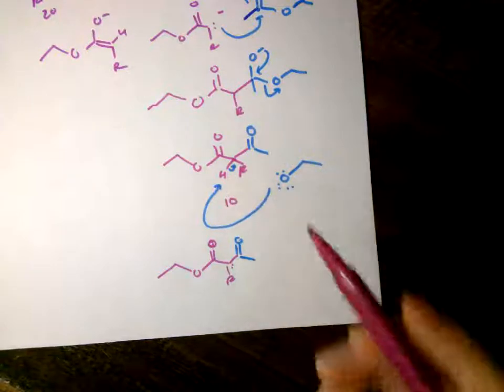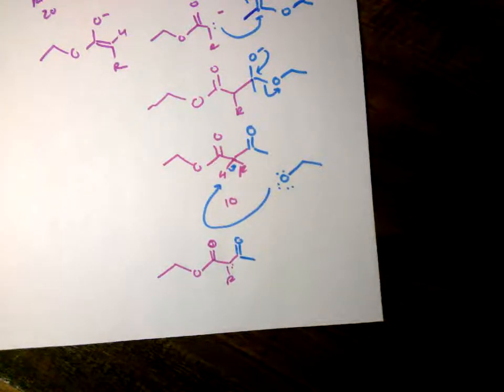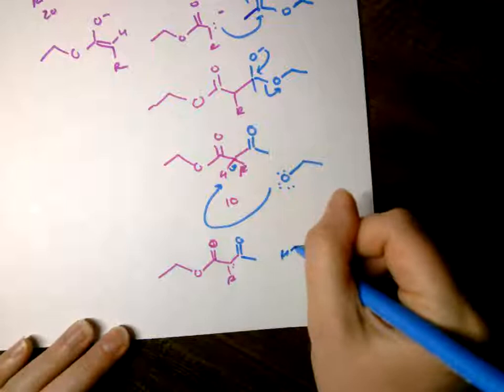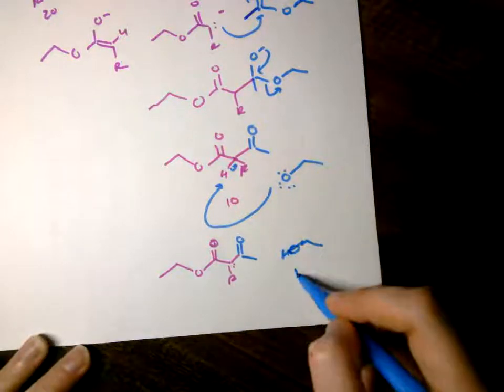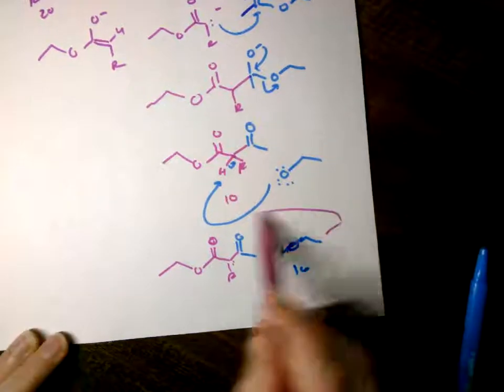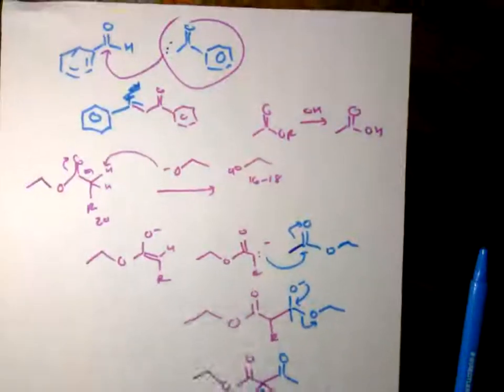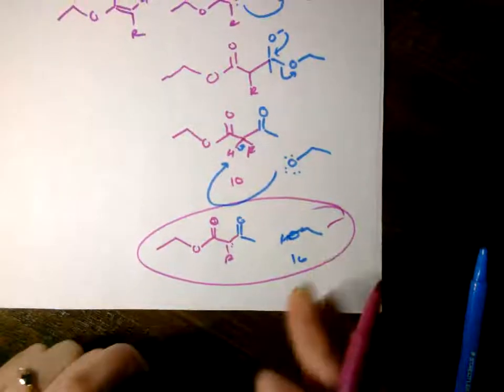The pKa of this is 10, and the pKa of your conjugate acid, the alcohol, is 16. So this side is more favored, and so even though this isn't favored, this is favored here at the end.